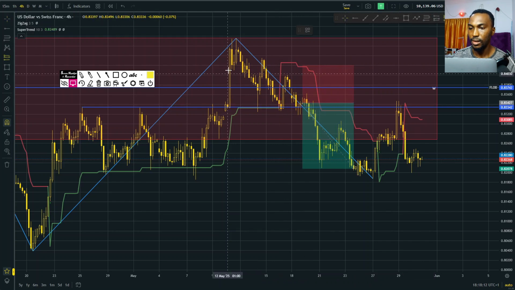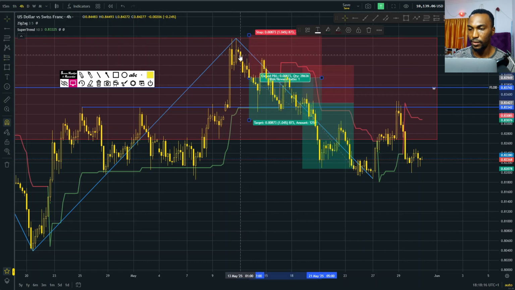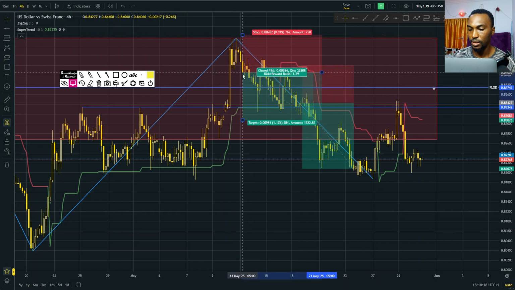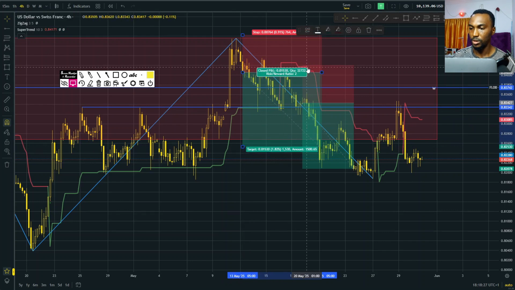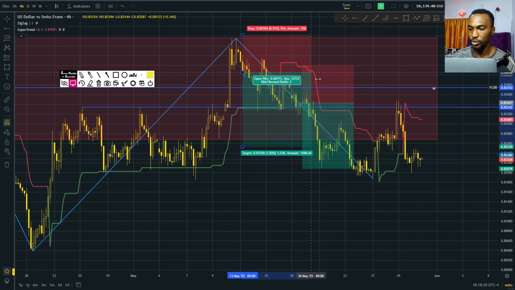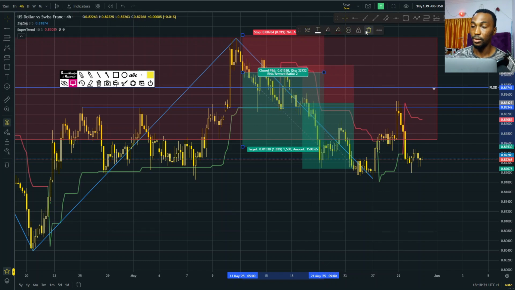Normally this market is something that I ought to have entered around here. You can see the fair value gap out, so it should be here, stop loss here, and a 2 risk to reward ratio would have been here. So this would have been the original trade without the trend line.